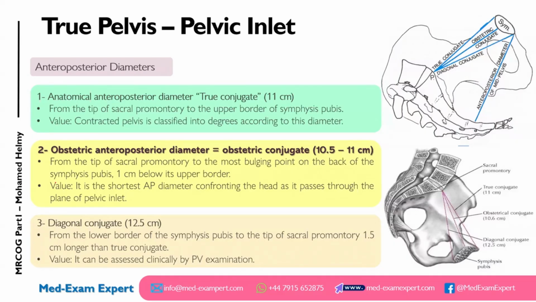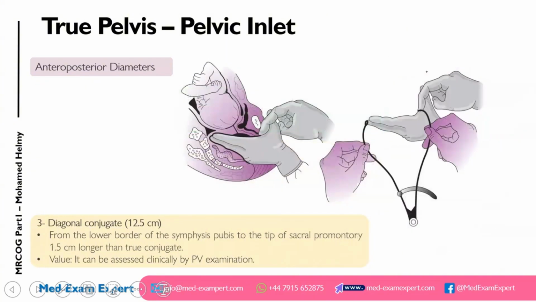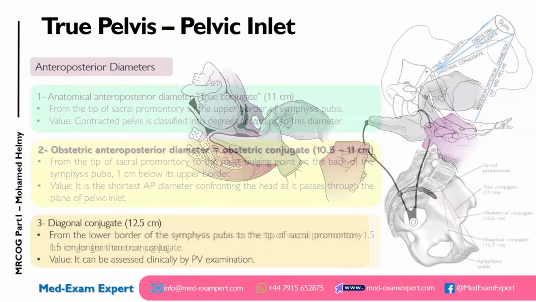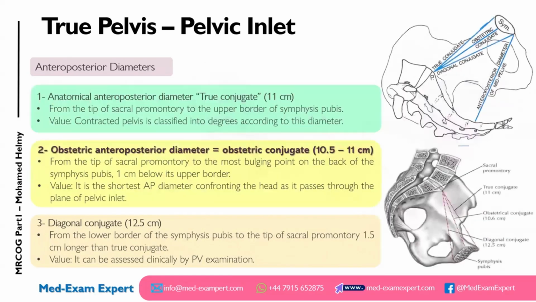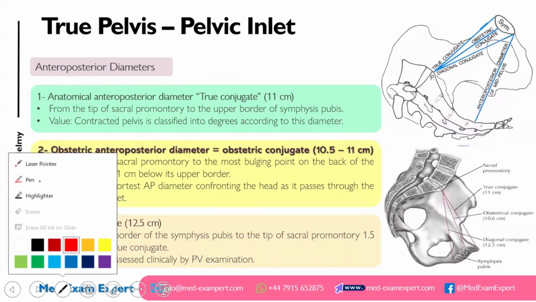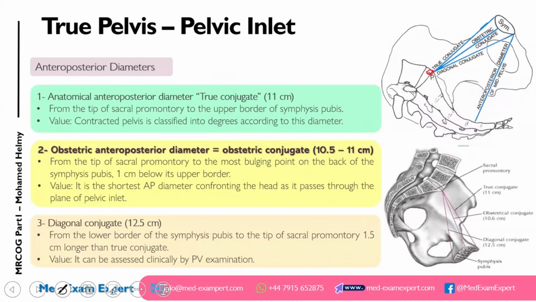This diameter extends from the tip of the sacrum here, posteriorly, to the upper border of the symphysis pubis anteriorly.